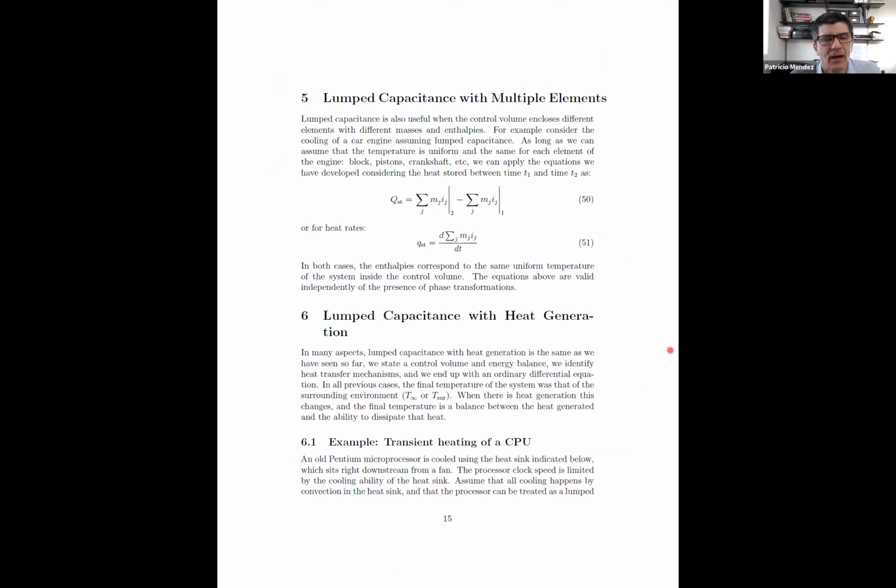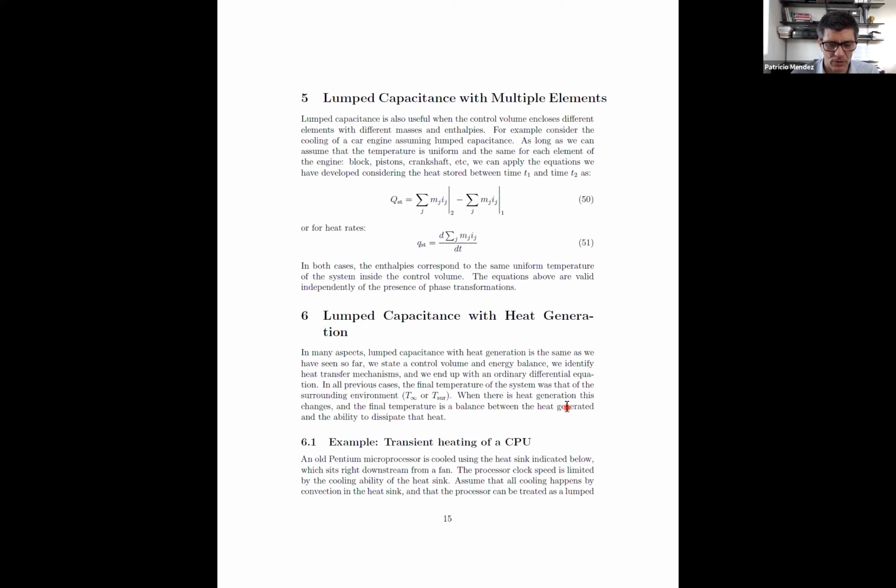Let's talk about lumped capacitance with heat generation, and let's use an example. The theory you already know: draw a control volume, do an energy balance, use the heat transfer mechanisms to replace the elements of the energy balance, look at the heat stored, and then you end up with an equation. You solve the equation and you know everything about that problem. You're golden.